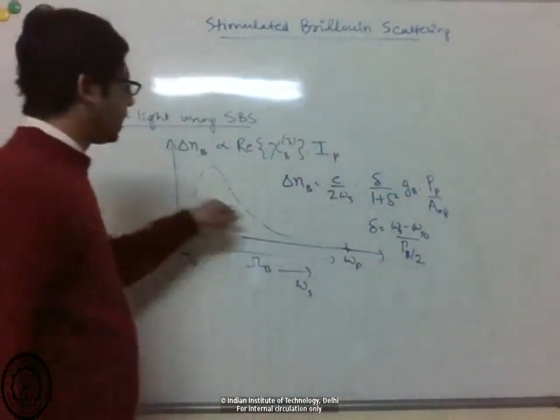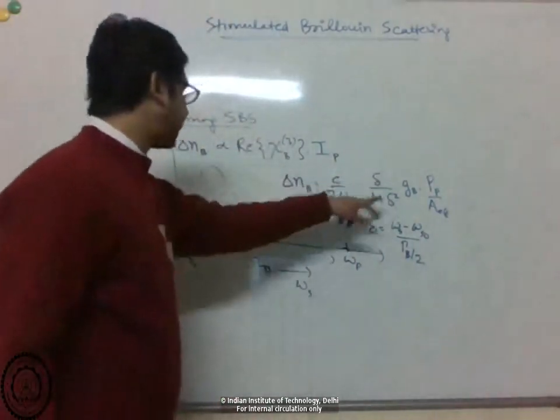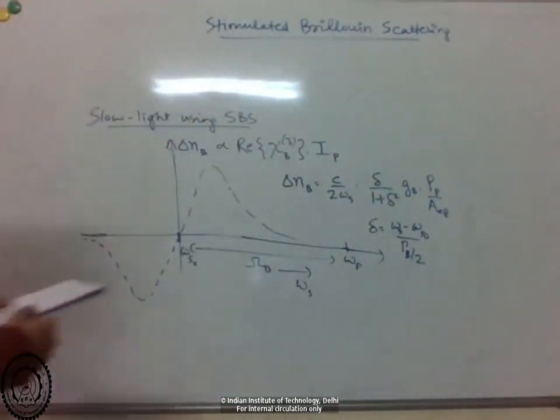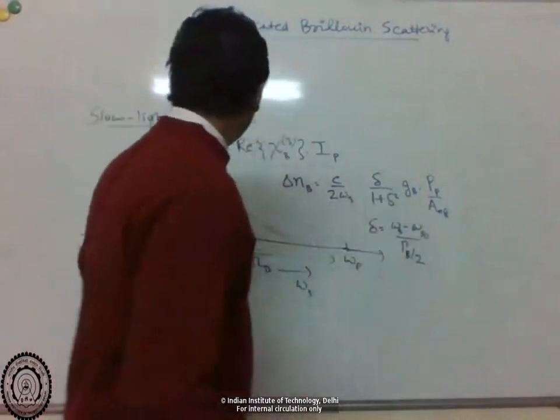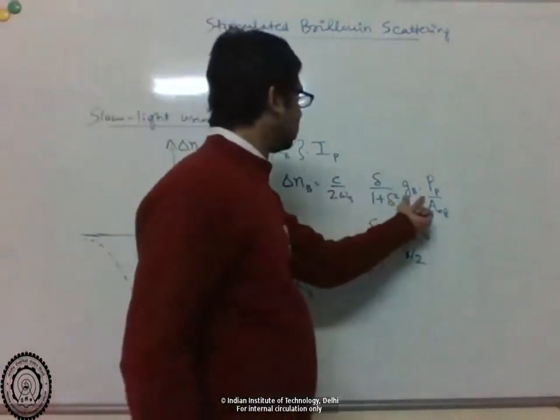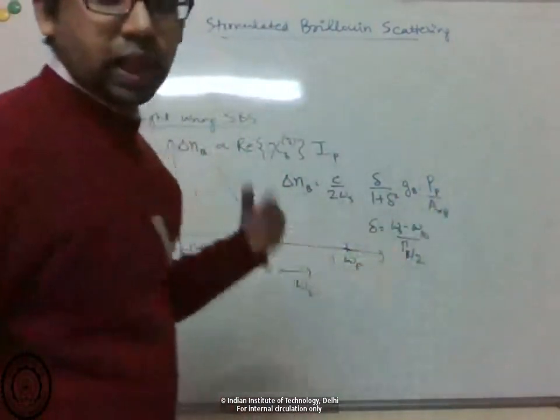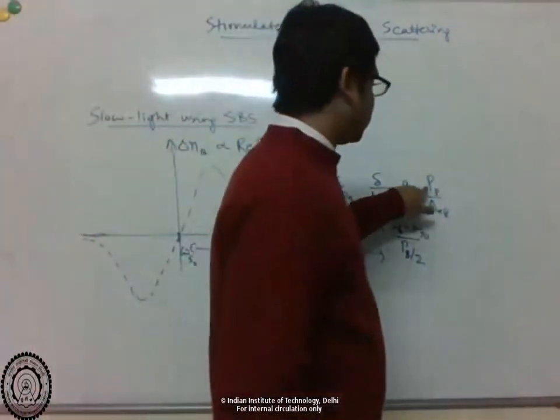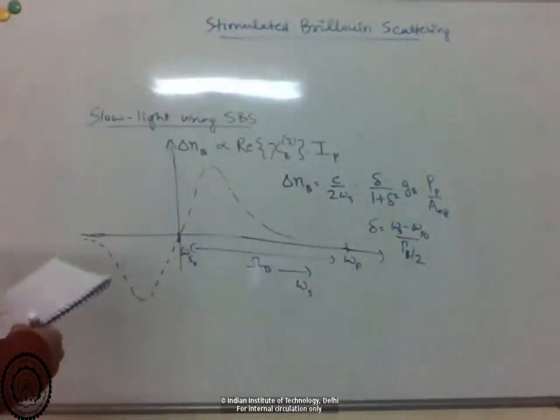The imaginary part went as 1 over 1 plus delta squared, the Lorentzian. This one goes as delta over 1 plus delta squared. Again, it's proportional to the Brillouin gain: the higher the Brillouin coupling in the material, the more index change you get, and it also scales with pump power.